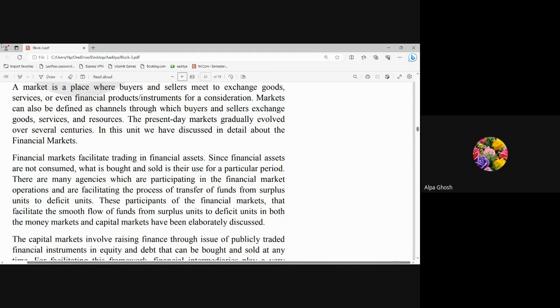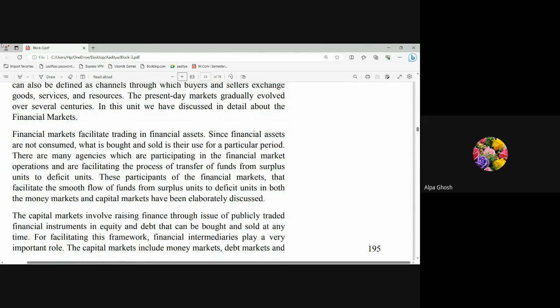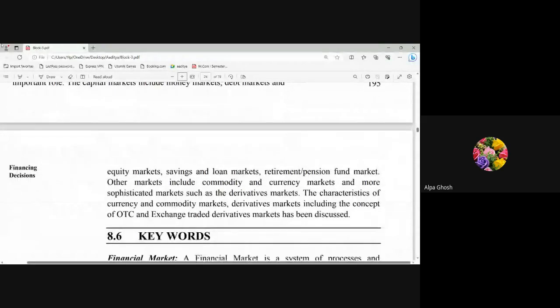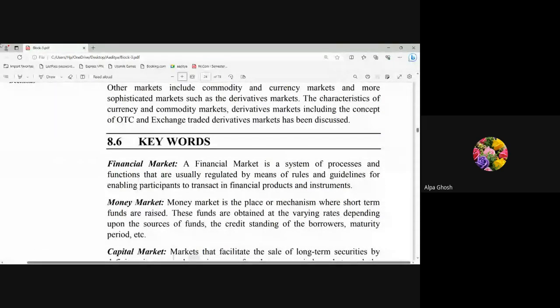I'm just scrolling down. So these are the key terms or the vocabulary.